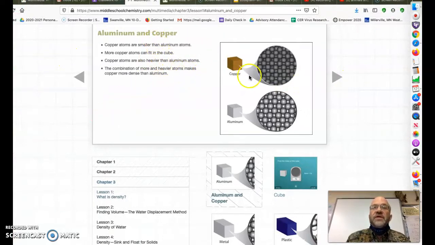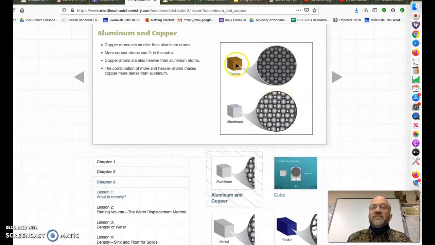And if you read through here and understand, for instance, copper has a certain pattern of molecules. Well, it has atoms that are arranged in a certain way that are smaller but more compact than the aluminum ones. The aluminum ones are larger and they're more spread out.